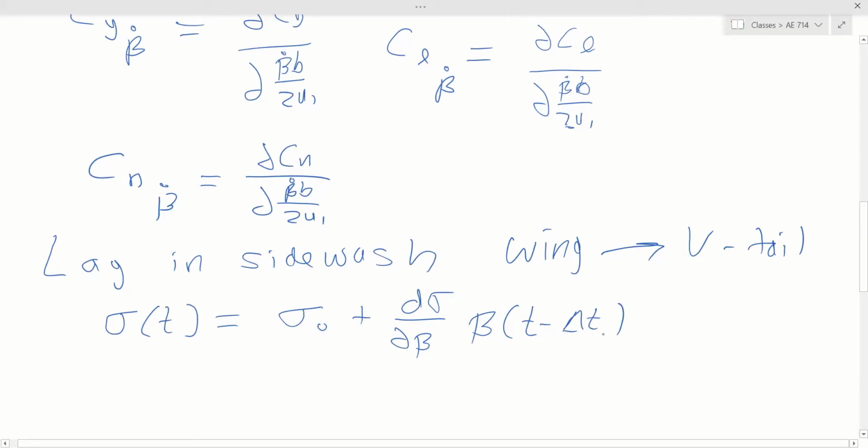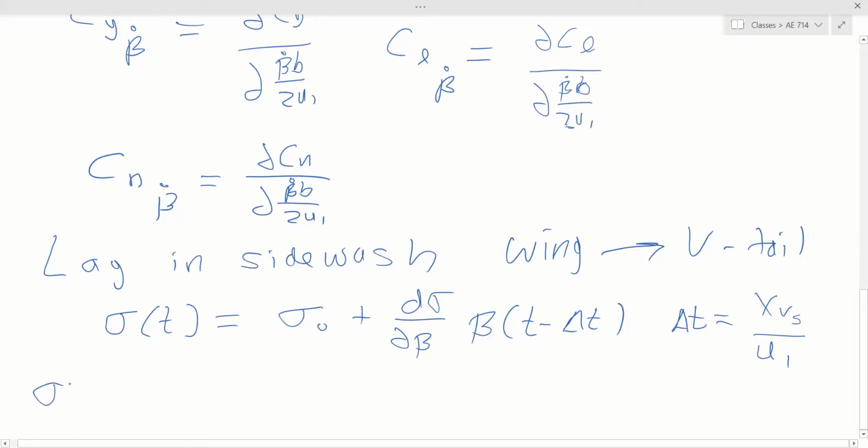And that delta t is calculated just like before. It's the distance from the wing back to the vertical tail in the stability axis system. So xvs is the distance to the vertical tail, not the horizontal tail, and u1 is the velocity, so that's how much time it takes to get back.